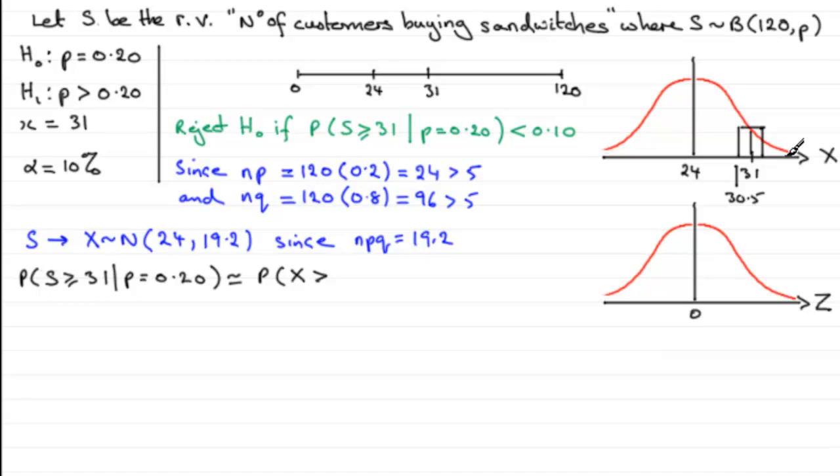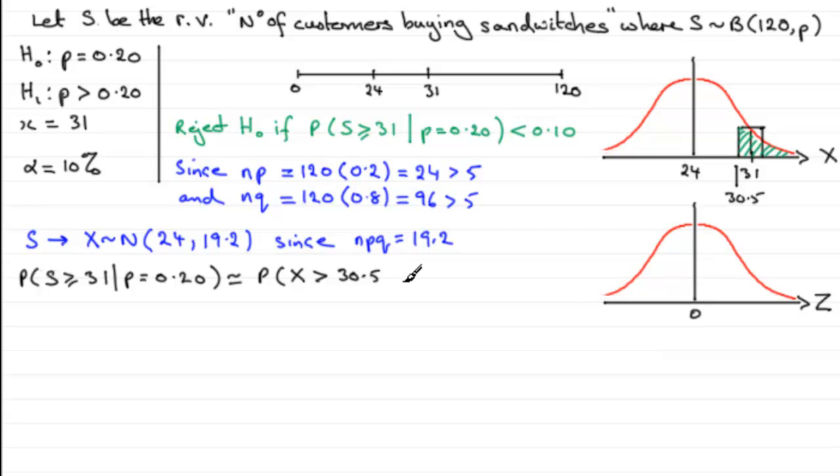We want the area to the right of 31, but when we do this correction to changing it to this random variable X, which is normally distributed, because we want greater than or equal to 31, we have to include this 31 in the bar. So that means we go right up to this far edge here. It's called a continuity correction, and it means that what we need to be working out now is the probability X is greater than 30.5.